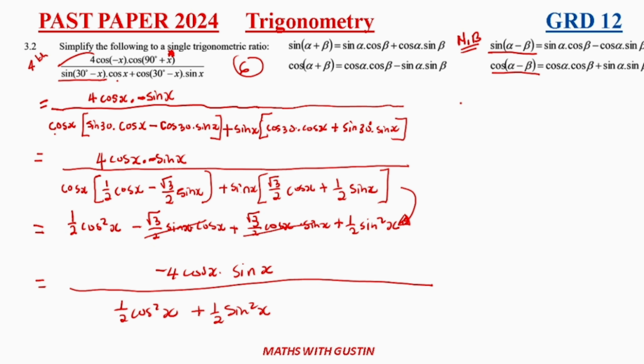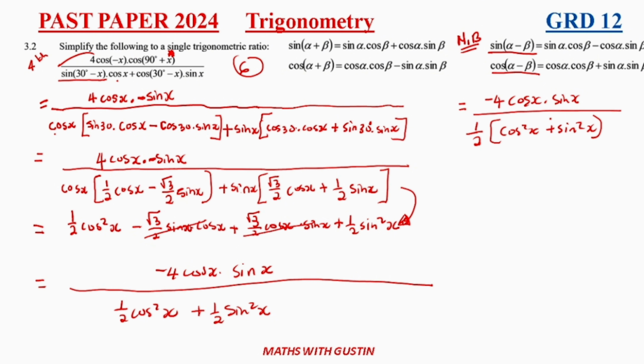All right, so this is what we're going to do here now. Let's continue. I'm going to continue up here. We've got a half and a half here, so we can take out half as a common factor. So negative 4 cos x times sine x all over half, and then you're going to have cos squared x plus sine squared x.